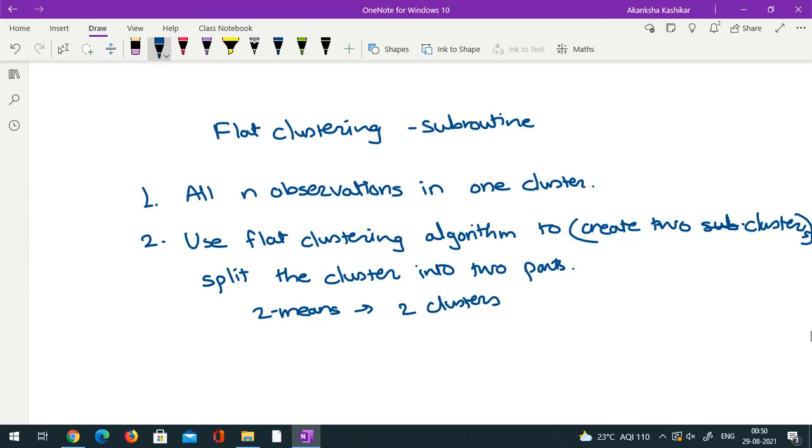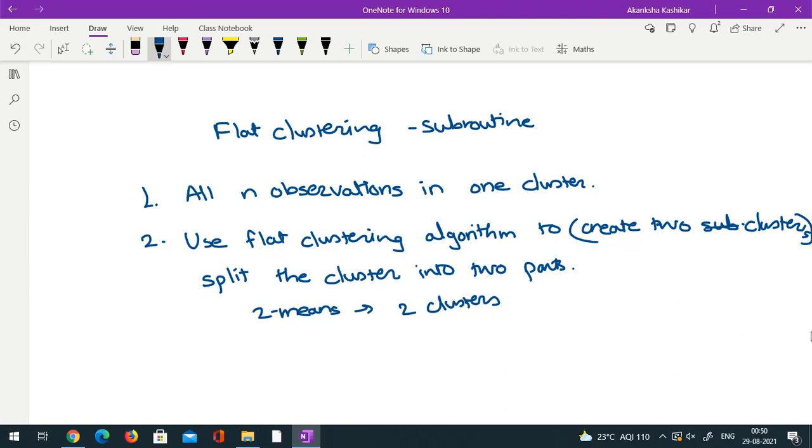So let's consider all possible subgroups. Given n observations, there are many ways in which we can put these n objects into two groups. Then try to see for which combination the change in the error sum of squares is the highest.